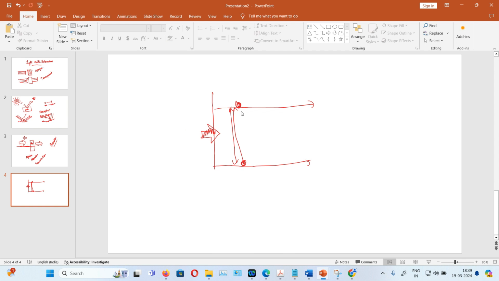So here light is consumed by the material and the energy of the material is increased.